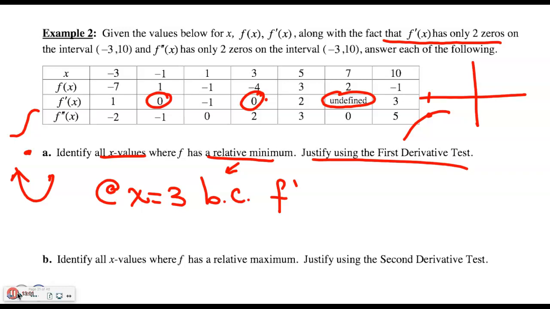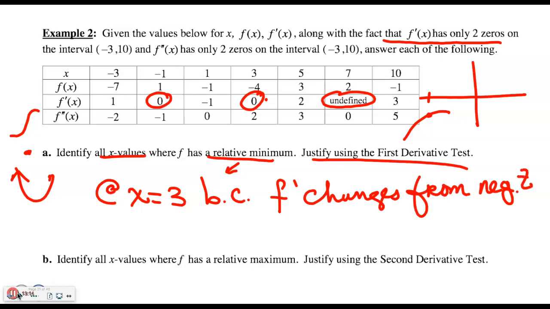It's because it specifically went from what? -2, exactly what Alexa said. F prime changes from negative to positive. How's that? We good? What do you think, Cage?